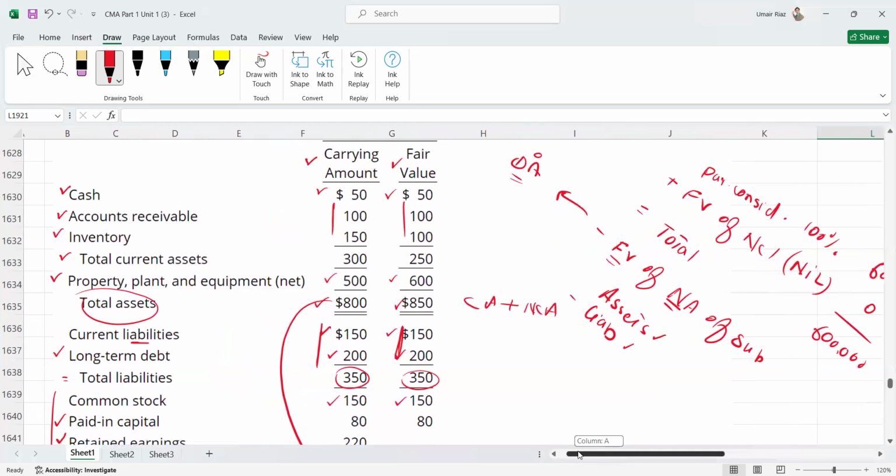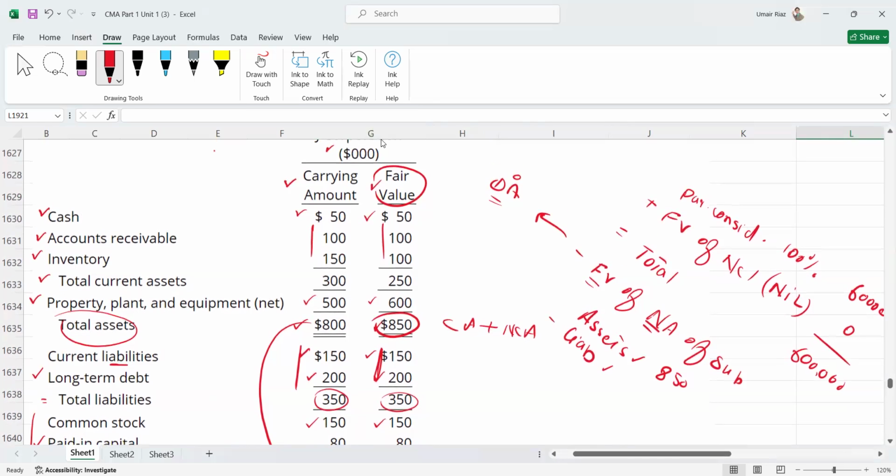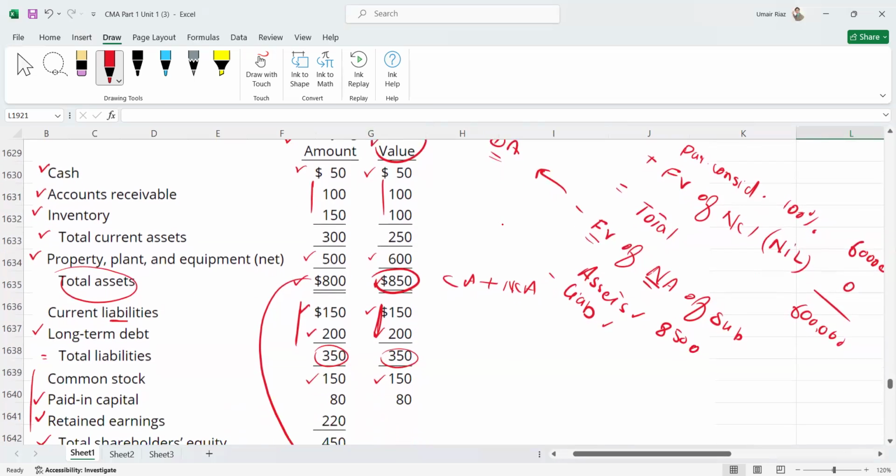So if you just go through, these are the total assets of the subsidiary, and we have to choose the fair values. Assets fair value is 150. Because these figures are rounded in thousands, we can write here 150,000.